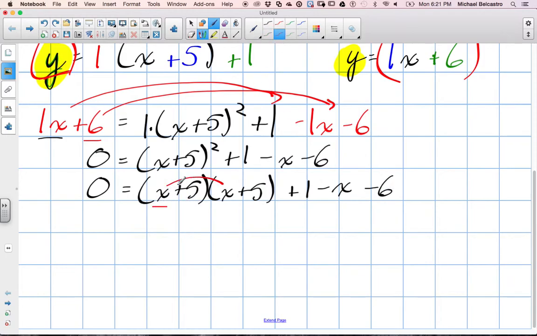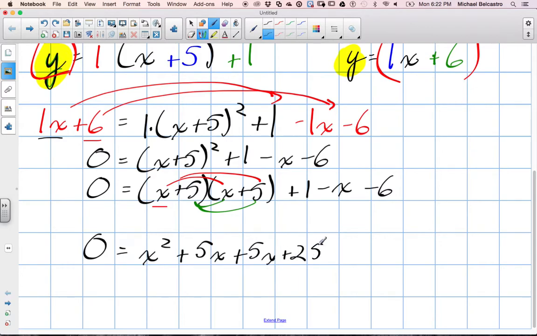Where we do the first terms, last terms, then inside, outside terms, okay? You could also call it the rainbow method, whatever it is. We end up with x times x is x squared. X times 5 is 5x. 5 times x is 5x. 5 times 5 is 25. Okay, so that's everything from within the brackets. And then we still have everything from outside the brackets, which is plus 1, minus x, minus 6.